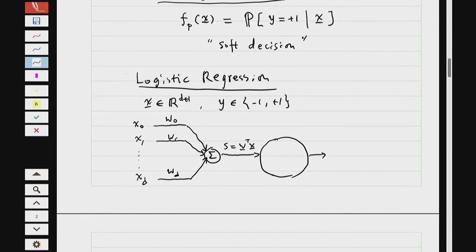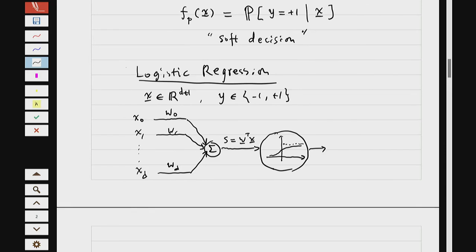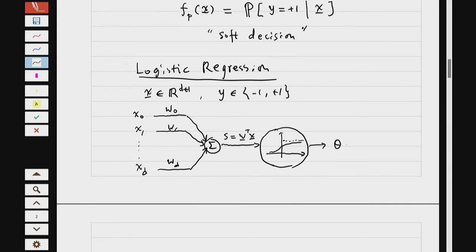So we want something that looks like this because it's a probability. We want to map to something that's between 0 and 1. So I'm going to blow up this curve a bit below. Right now, just roughly know that there's this kind of shape. In fact, we're going to use this function θ(s) = e^s / (1 + e^s).